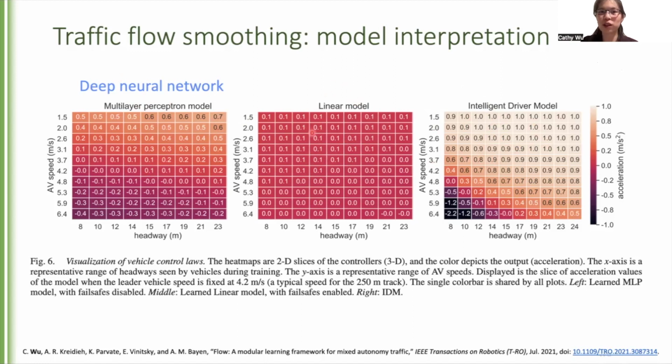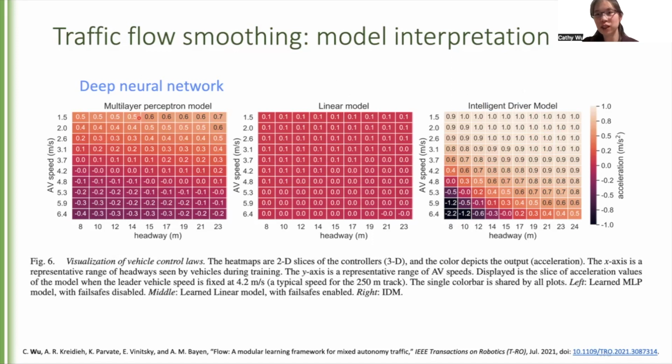So maybe let's ignore the linear model for the time being. We can see that IDM is actually a lot more aggressive. You can see that the amplitude of the values are much higher than the values in the deep neural network. So the IDM model is decelerating and accelerating much heavier than the deep neural network.